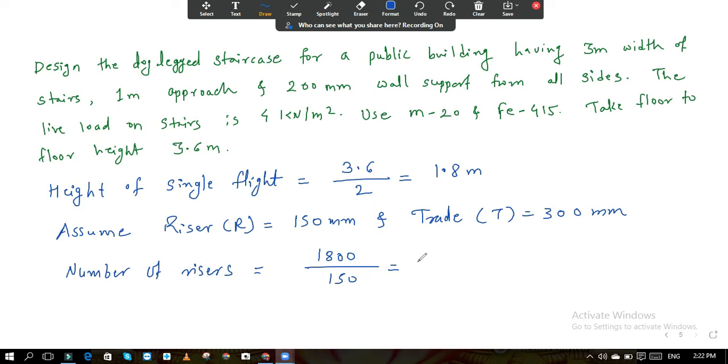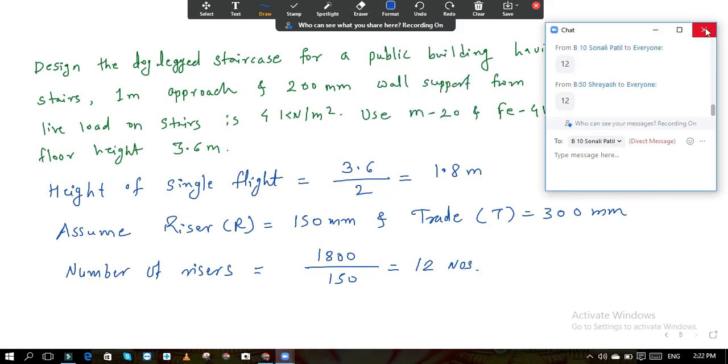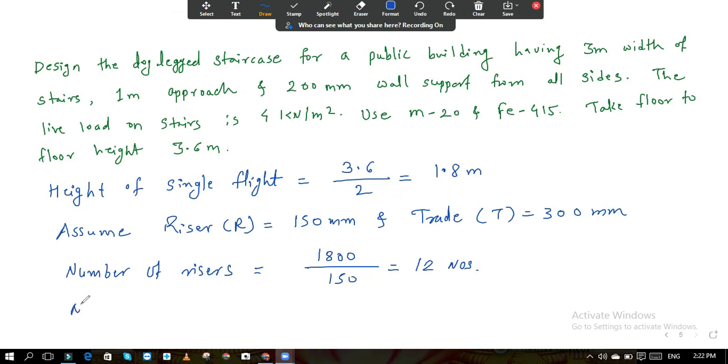Okay, so it is 12 numbers. Now number of treads. Number of treads is equal to number of risers minus 1. So 12 minus 1, which is equal to 11 numbers.